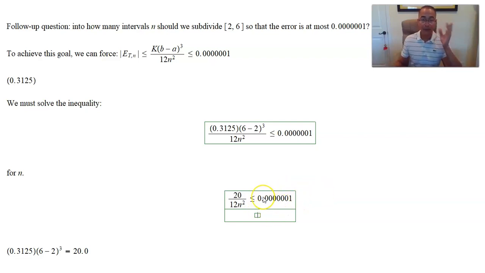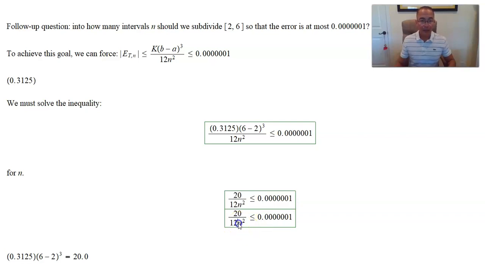Similarly, this tolerance is positive. So when we multiply or divide by positive numbers, the inequality does not flip. So this inequality is the same as moving the n squared to the other side.